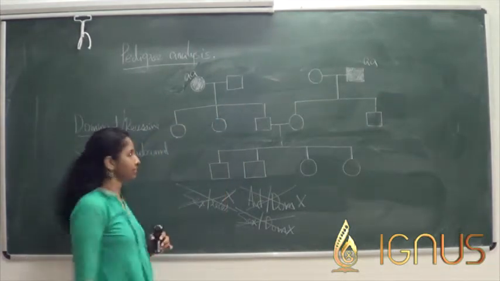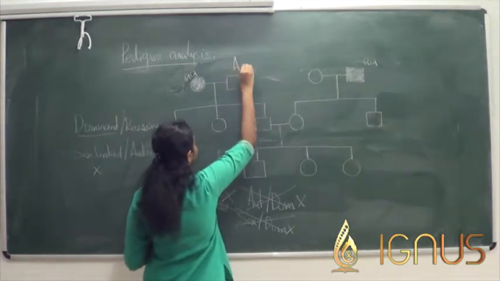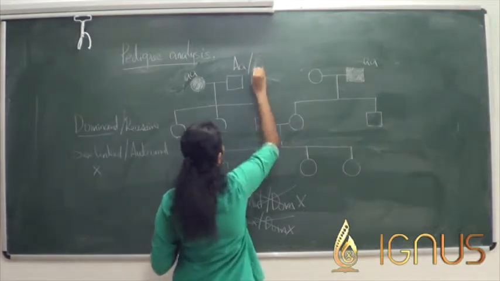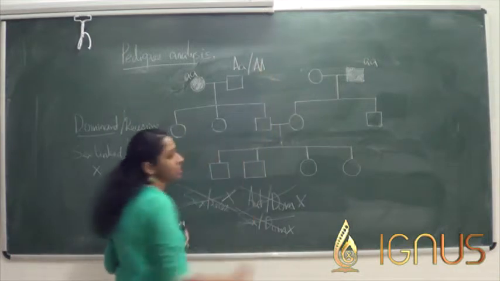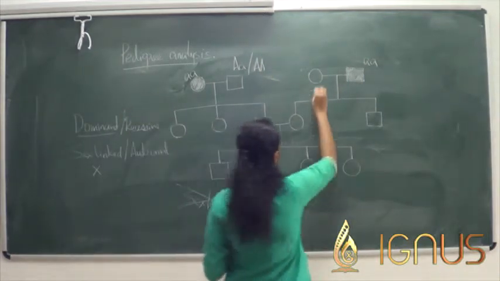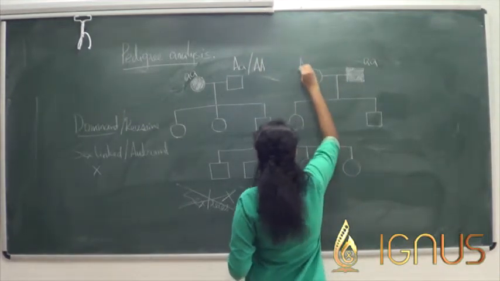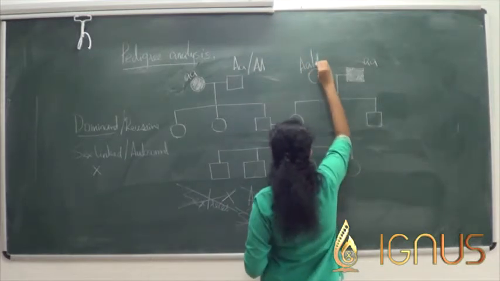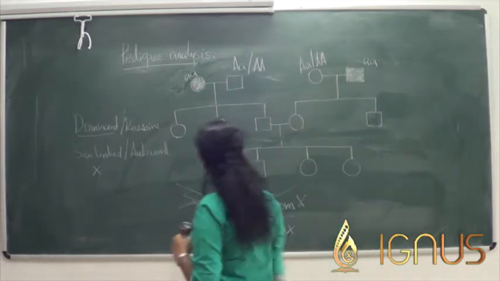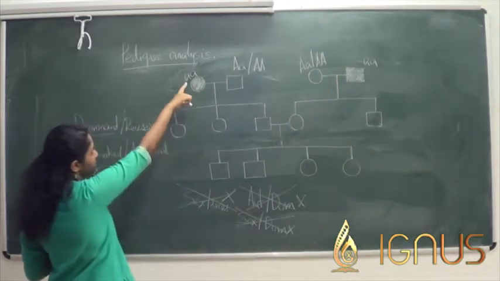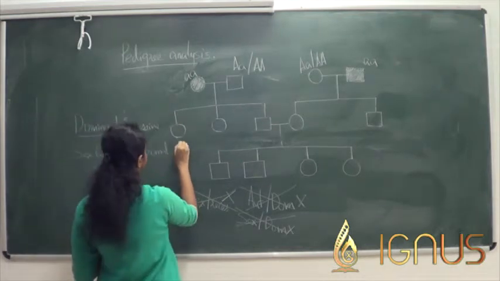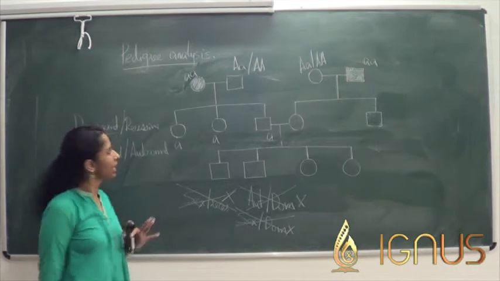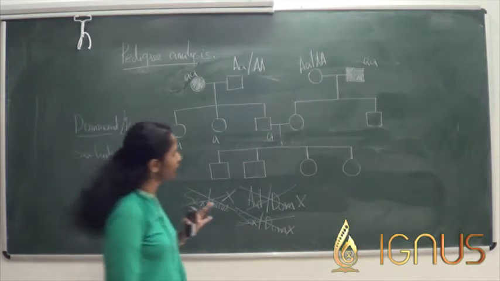Male here not affected, so he can either be in a heterozygous condition, one dominant, one recessive, or a homozygous condition wherein it's a double dominant. Same goes for the female here. She can be heterozygous dominant or homozygous dominant. Inheritance pattern from the female, let's start. We are going to get only the recessive trait because she has only recessive traits there.